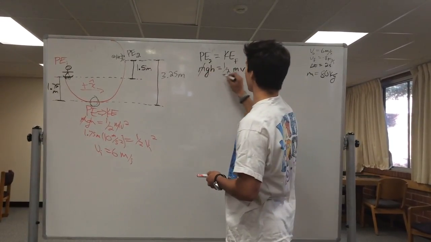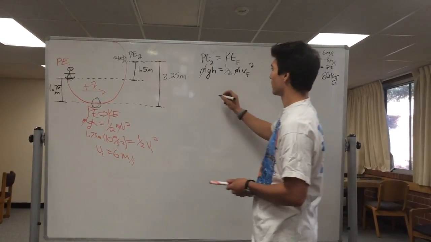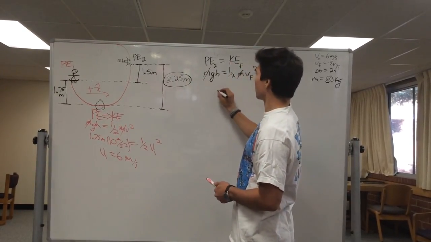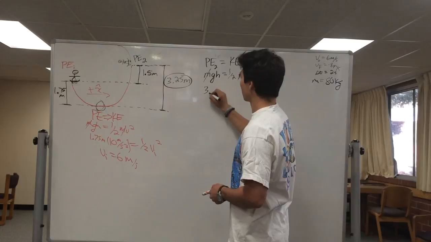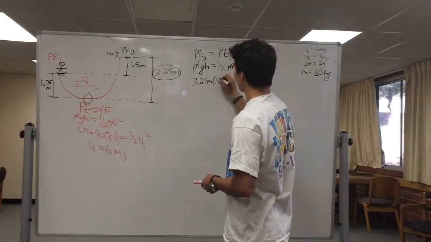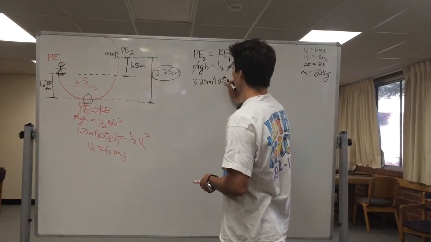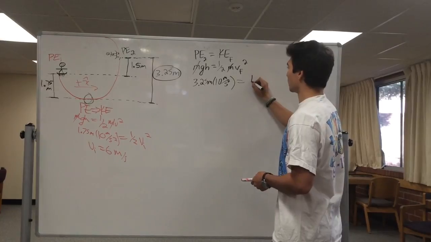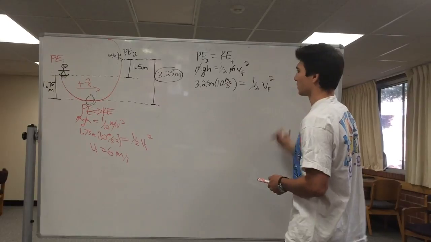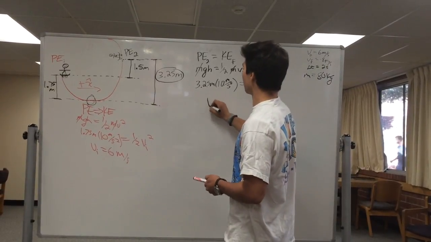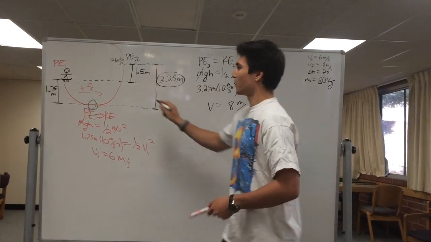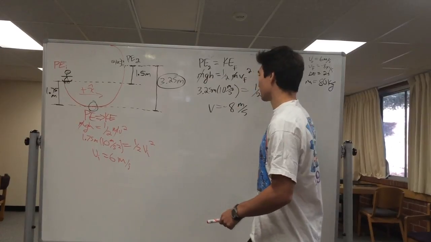And again, masses cancel, and we end up with this total height of 3.25 meters times the acceleration of gravity, 10 meters per second squared is going to be equal to 1/2 of our V final squared, yielding a final velocity of 8 meters per second, but in the negative x direction.